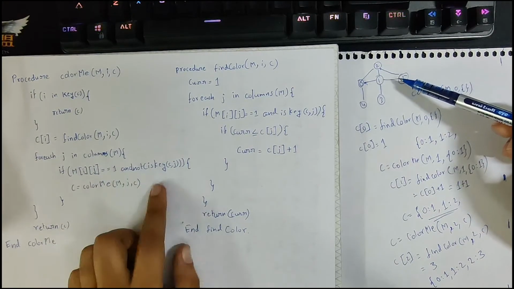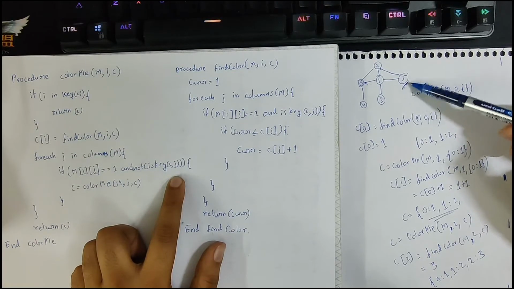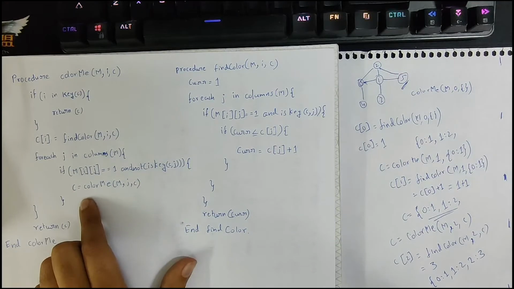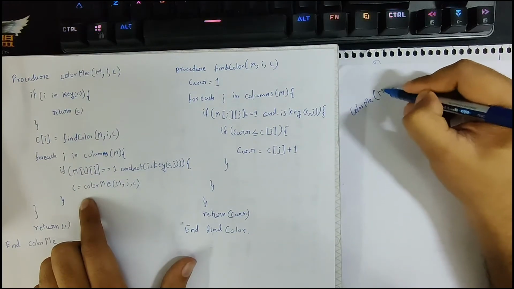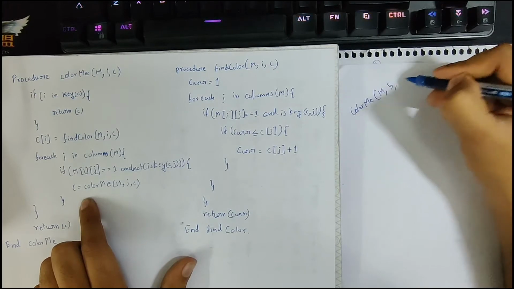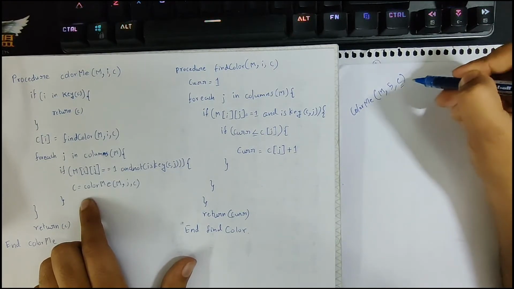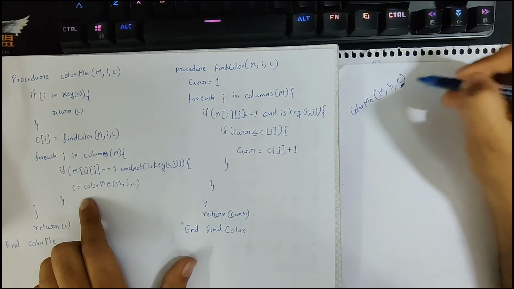There is an edge and it is still not a key. Here we have 5 which satisfies. So we'll get into color me of m, 5, c. This is the updated dictionary with 3 elements now.